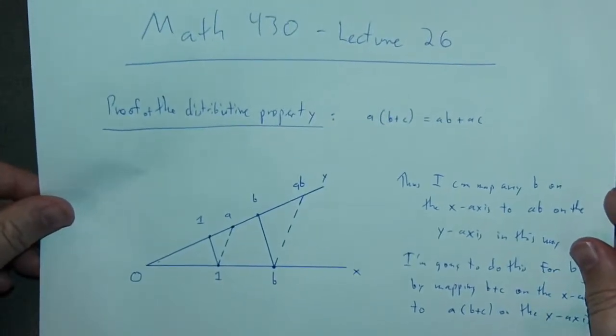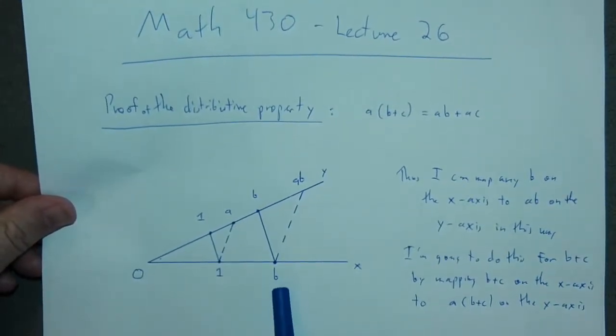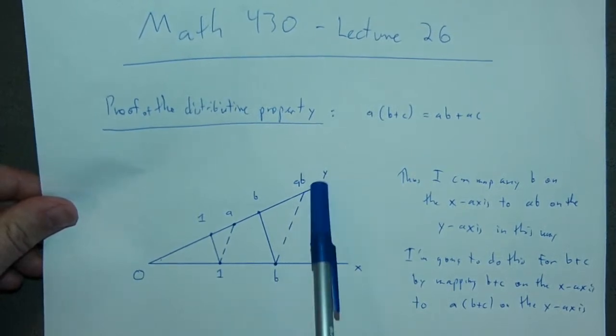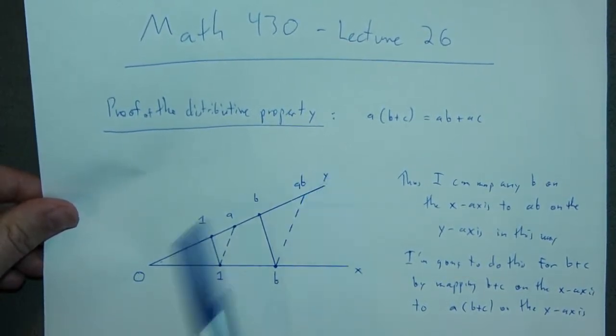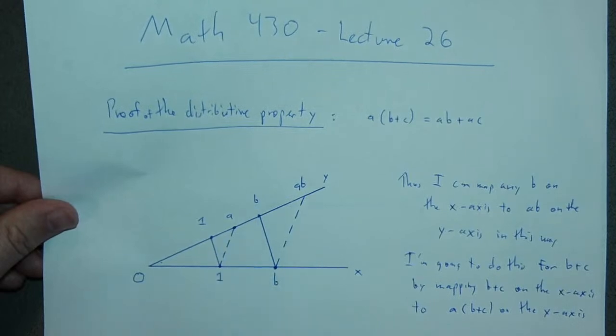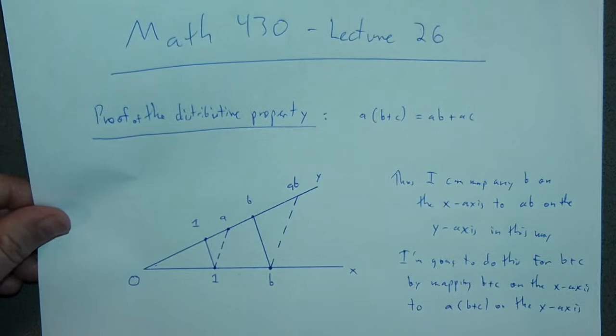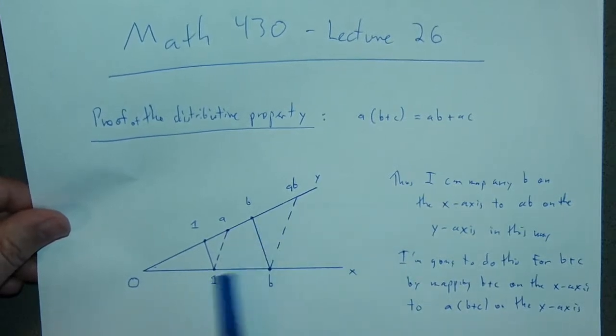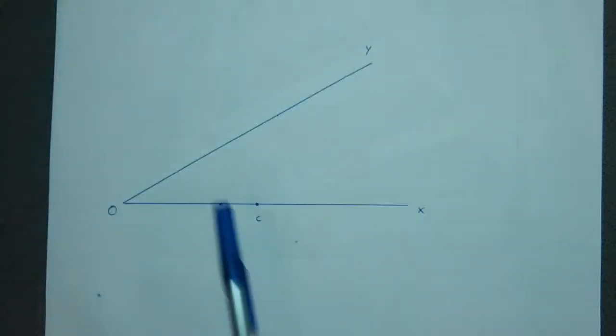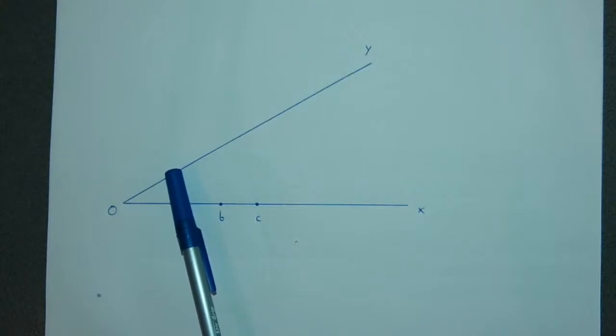Now, in the way that I just did this construction, let me bring it back. I was able to map the point B to the point AB, this product, on the y-axis by sending it along parallel lines. So that this diagram I'm about to draw doesn't get too messy, say that I've already done that. So I've already picked a point A on the y-axis.